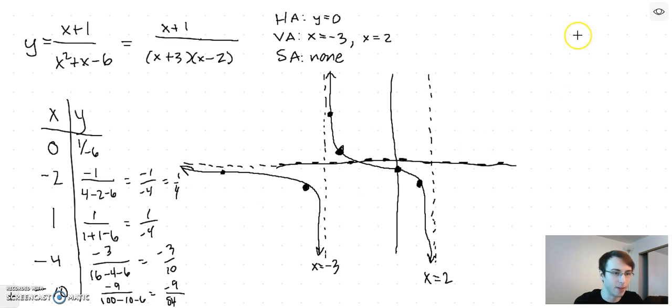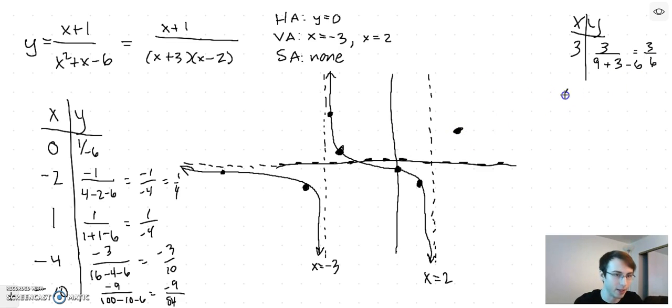And I'm going to make a new x and y for this side. Let's plug in x as 3, and for y we get 4 over 9 plus 3 minus 6, which is 4 over 6... which gives us a value up here.